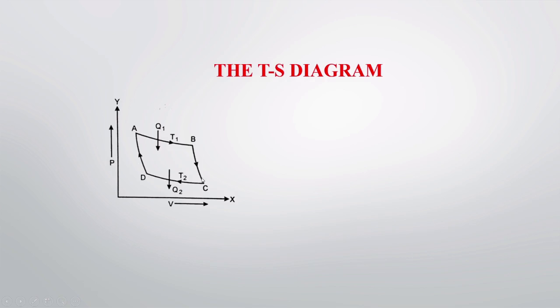Now this thermodynamic diagram can be converted into a TS diagram. The temperature versus entropy diagram is used in thermodynamics to visualize changes to temperature and entropy during a thermodynamic process or cycle. It is a very useful and common tool because it helps to see the heat transfer during a process.